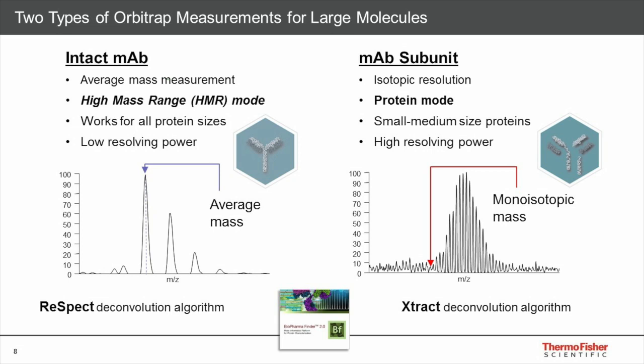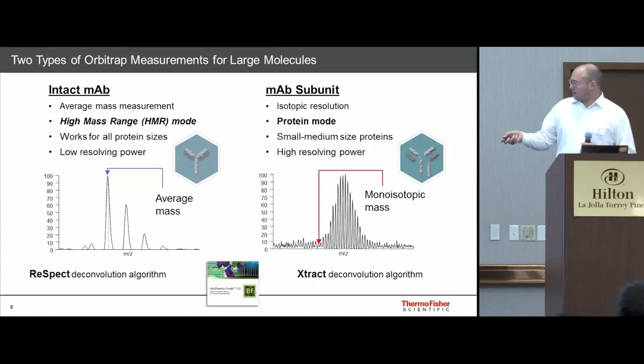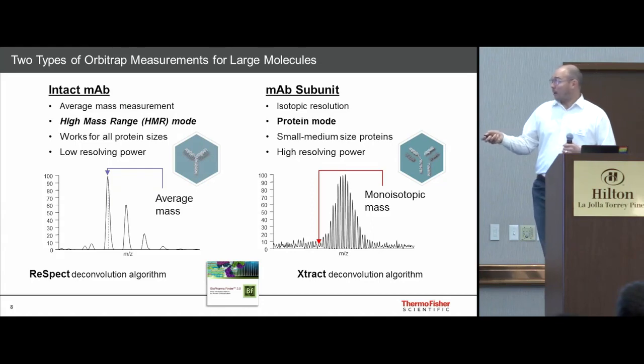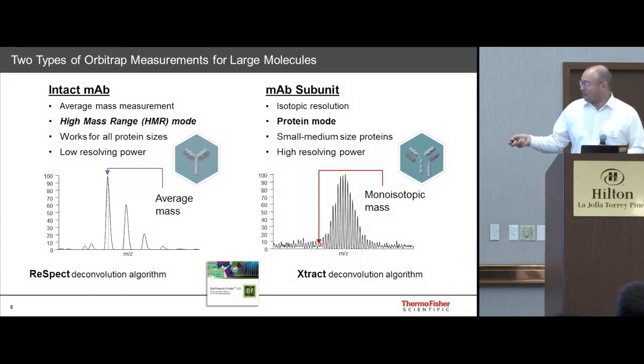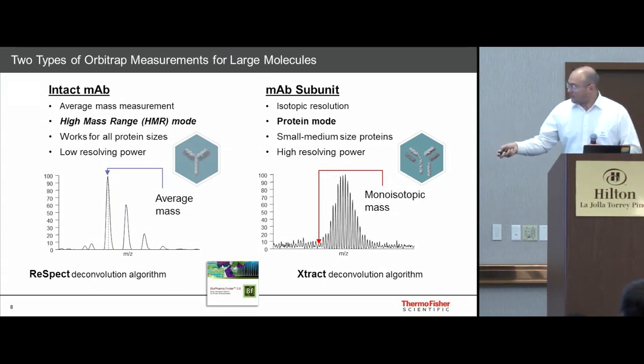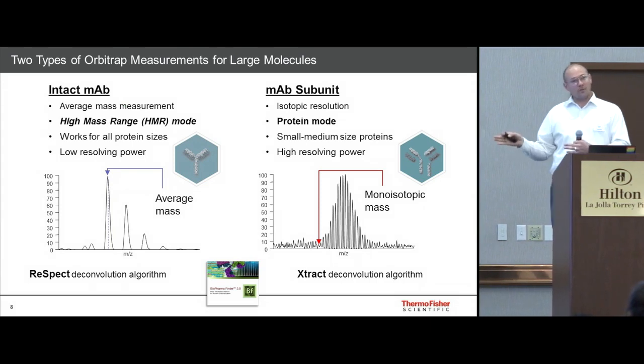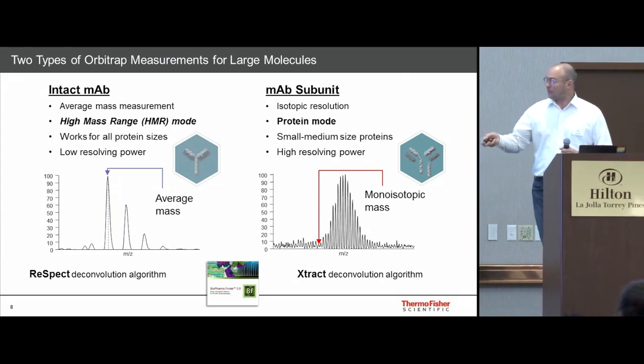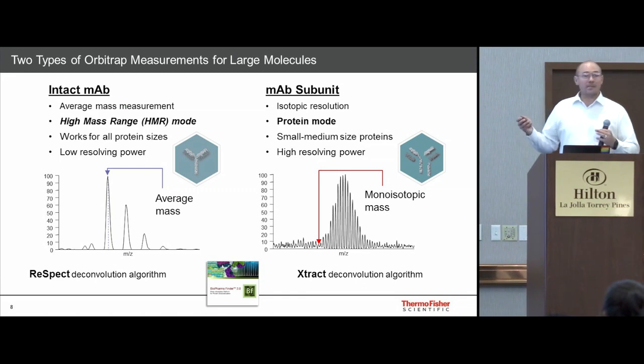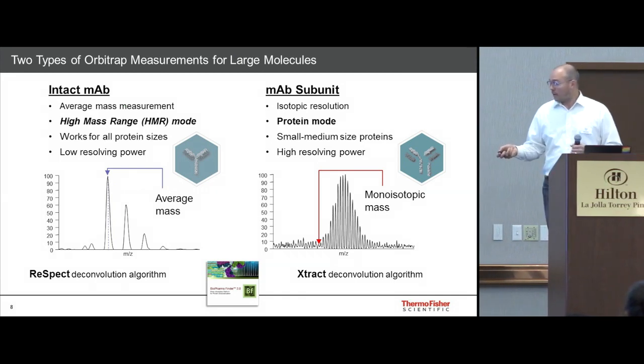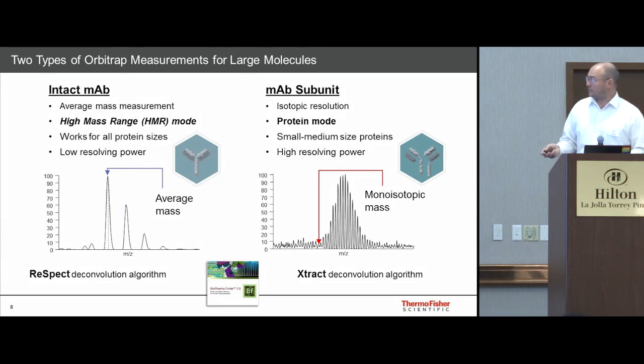As you surpass that mass size, then you really want to be using this high mass range mode. If we have questions on that later, I can answer after the talk or in person. But the point is that, there we go, high resolving power, isotopically resolved, and we're using the Xtract deconvolution algorithm. So this is a completely different workflow, distinct from the intact workflow. And we utilize them both, and the BioPharma Finder software is able to cater to both of these.